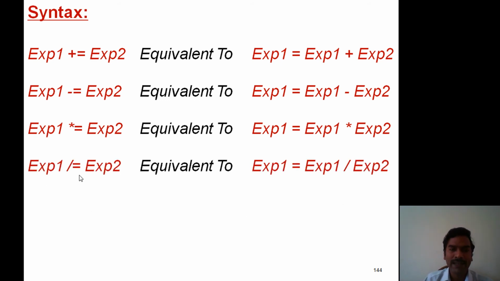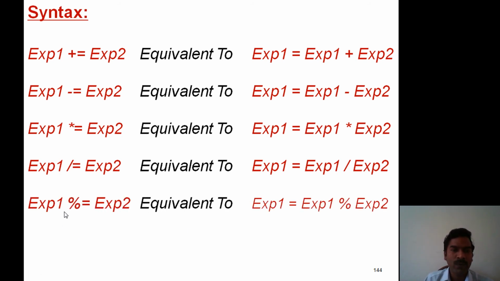Expression 1 divide equal to expression 2 is equivalent to expression 1 equal to expression 1 divided by expression 2. Expression 1 modulo equal to expression 2 is equivalent to expression 1 equal to expression 1 modulo expression 2. So when these formats are placed, the expressions are evaluated internally in this format. Okay?